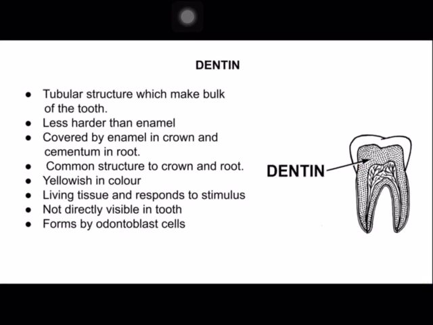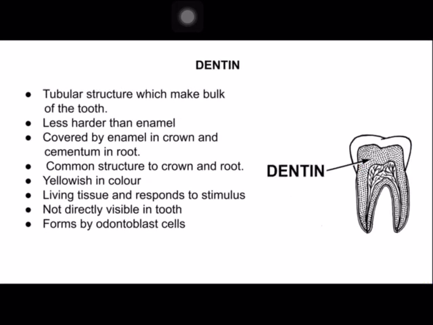Under enamel there is a tubular structure called dentin, which makes up the bulk of the tooth and is less hard than enamel, covered by enamel in the crown and cementum in the root. It is a common structure in crown and root.